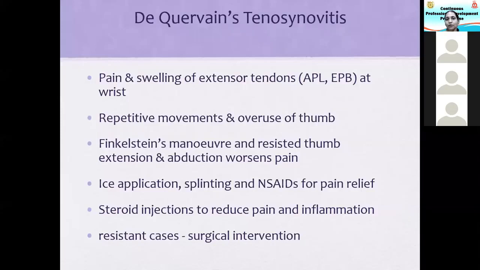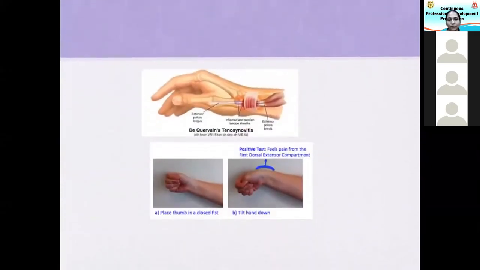That is, you ask the patient to extend. Let me show you how it is being done. So the thumb is flexed and you bend the wrist, and there'll be pain at this area.